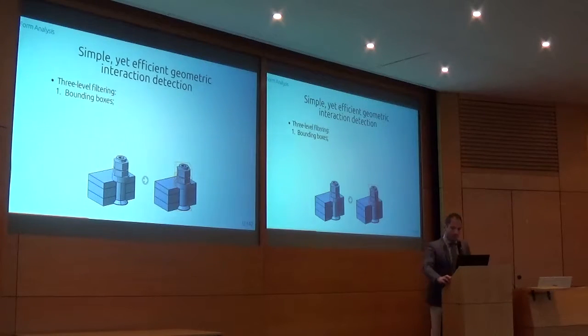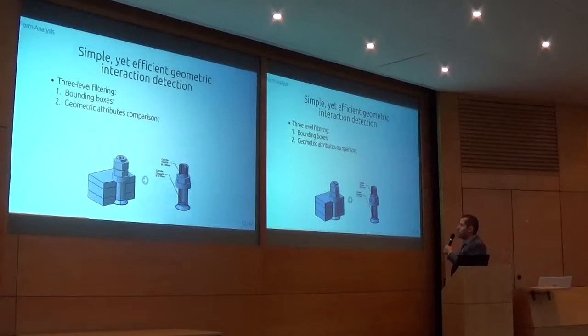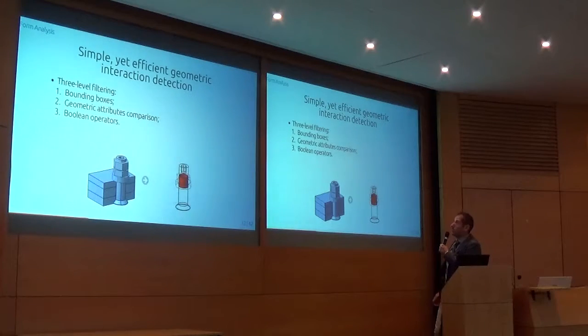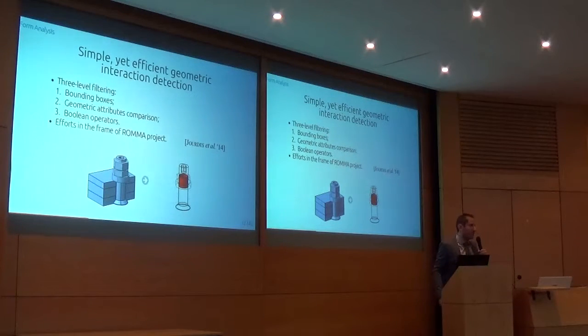Canonical surfaces of neighboring components according to the bounding box check are then compared pairwise using their simple geometric attributes, and candidates of an interaction are finally reported to a Boolean operator check, a final check that allows us to eliminate false positives and to precisely detect the interaction zone. It's worth mentioning that in the frame of the Roman project, other works have been done to precisely and efficiently detect certain geometric configurations.